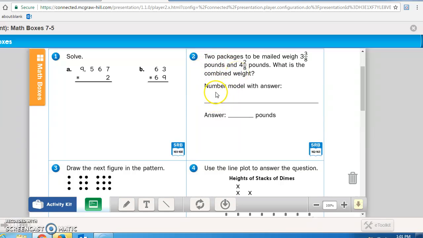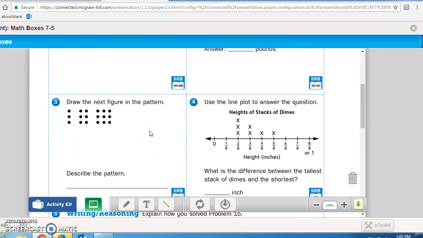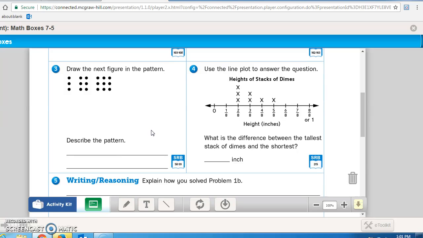So remember, you're putting your number model here, what plus what, use the numbers up here, equals, since it's looking for the weight, your unknown should be the letter W, and then add those together and write your pounds.